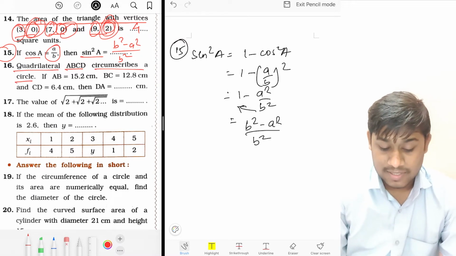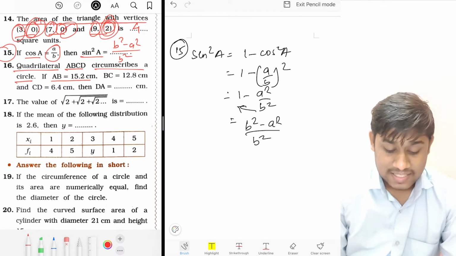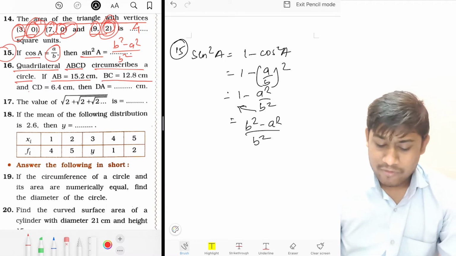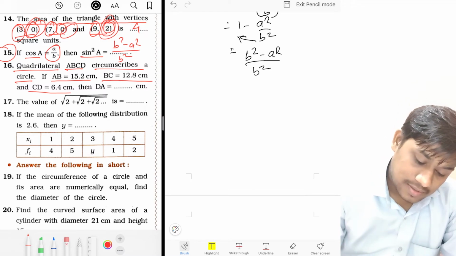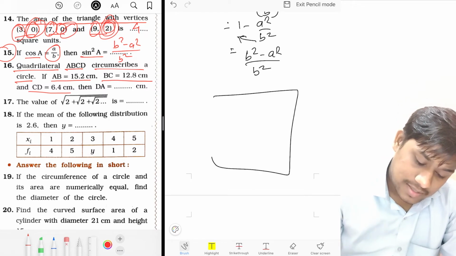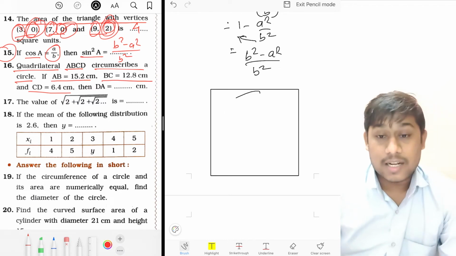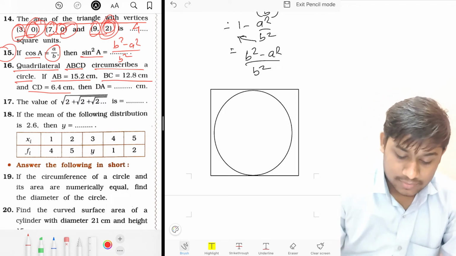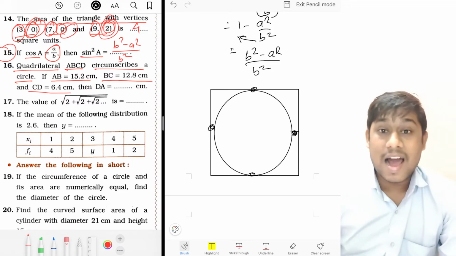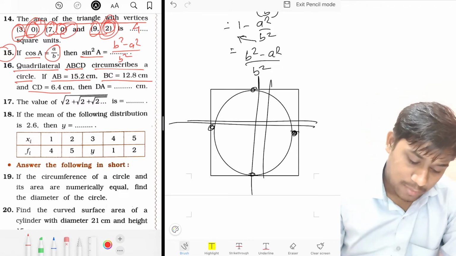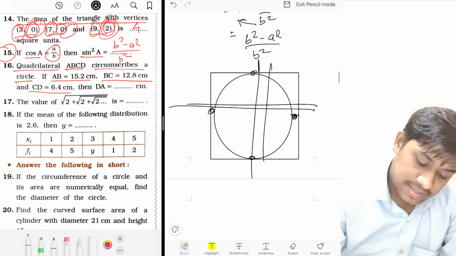The quadrilateral ABCD circumscribes a circle. AB is equal to 15.2 cm, BC is equal to 12.8 cm, and CD is equal to 6.4 cm. Do you remember, when a circle is circumscribed by a quadrilateral, the sums of the opposite sides are equal?